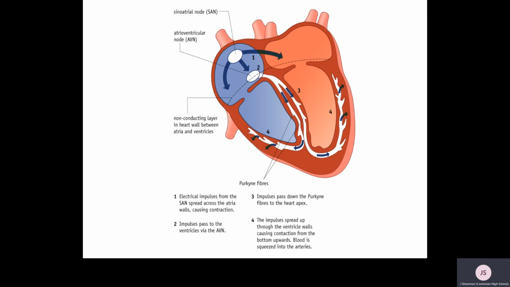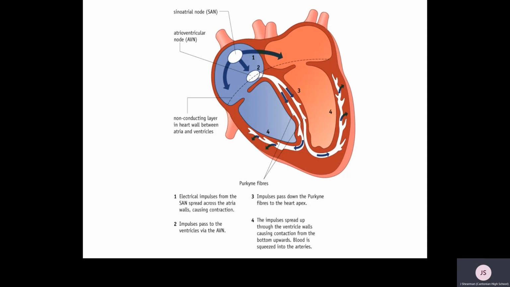Those impulses then spread out to structure number 2. Now number 2 is the atrioventricular node, or AVN. And the impulses then travel from that node down through the structure labelled number 3. Now they are the Purkinje fibres.